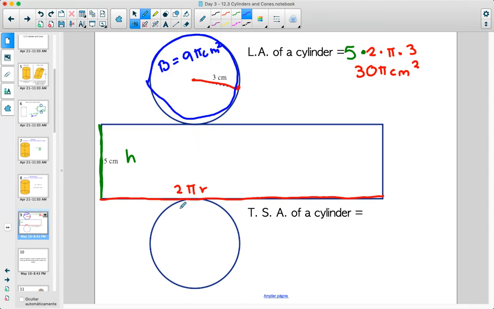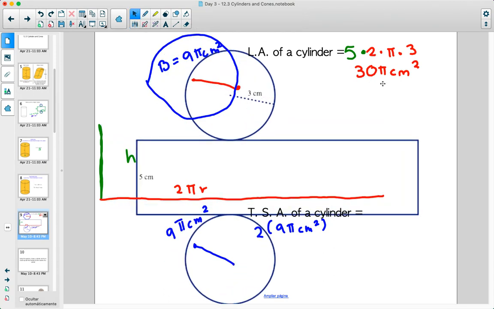But remember, this down here is also 9 pi centimeters squared, because these two circles have the same radius, so the circles are congruent. For the total surface area, it's going to be 2 times the area of the base, which is 9 pi centimeters squared.